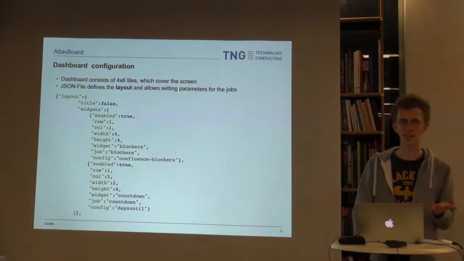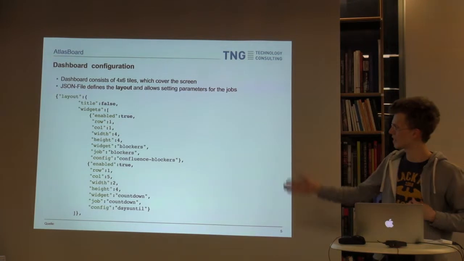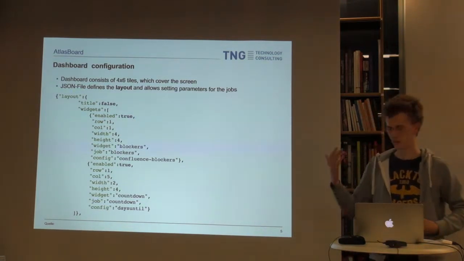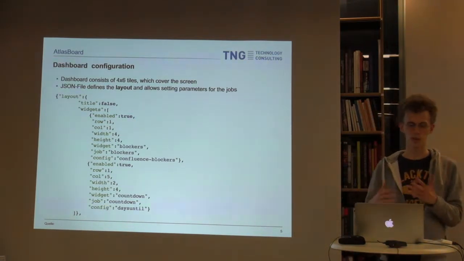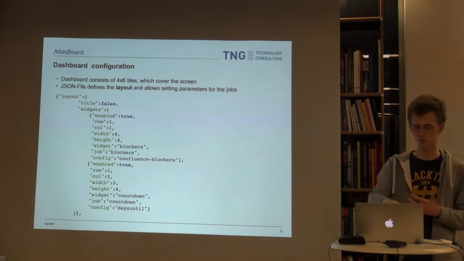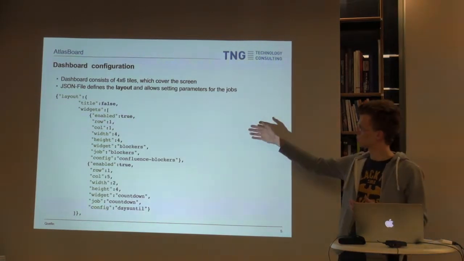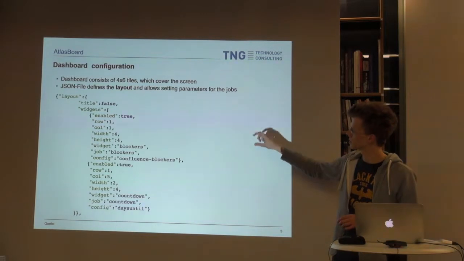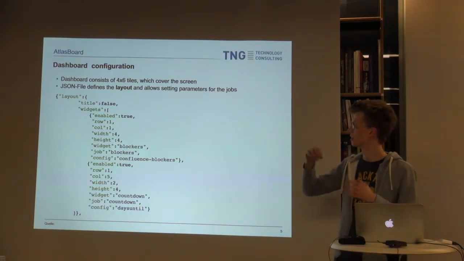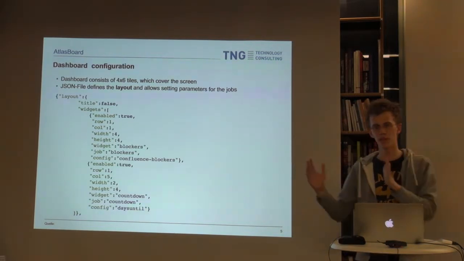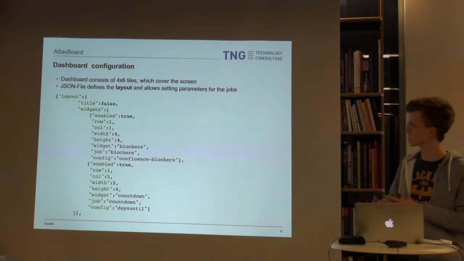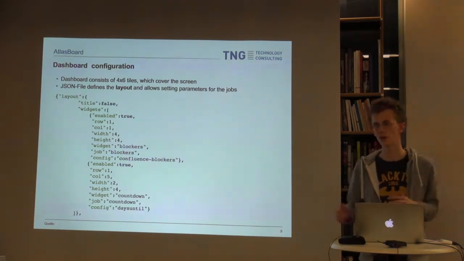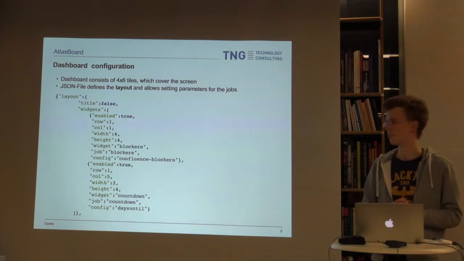How would a dashboard configuration look? It's in JSON, as you can see, and the first part of it is defining the layout. For each widget we have a code block where we say in which row of the dashboard this widget should appear, in which column, how wide it should be, how tall, and so on.